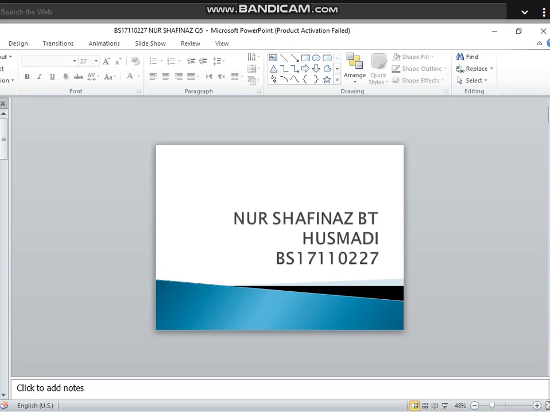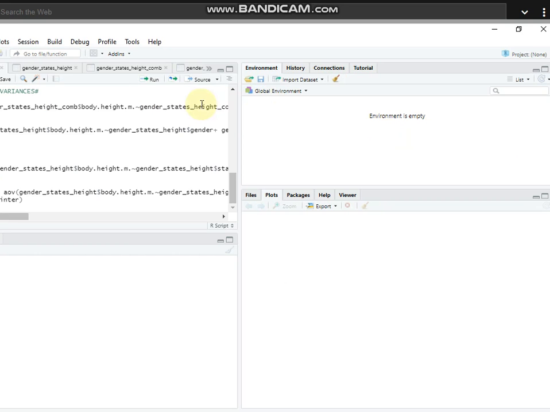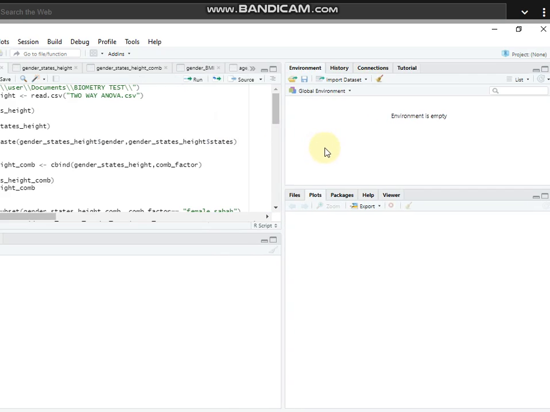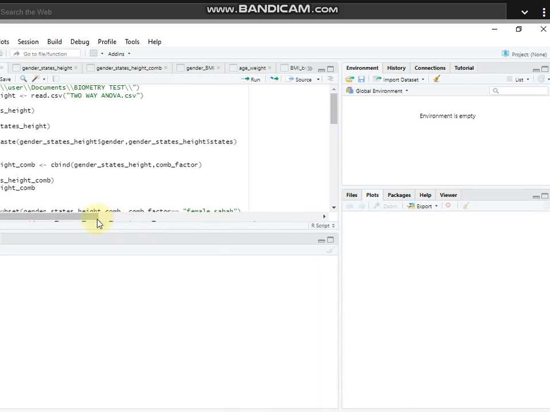So we move to R. We must set the directory and run. We must load the object, gender state, and the file must be in CSV.